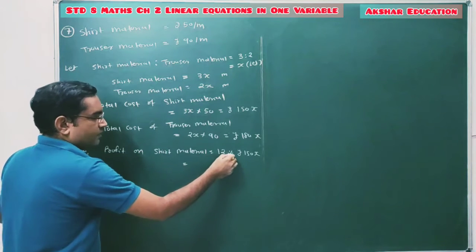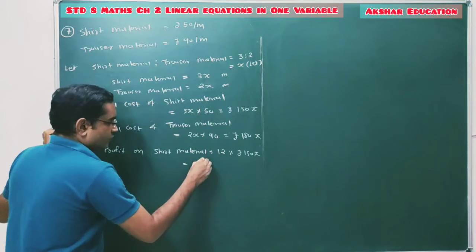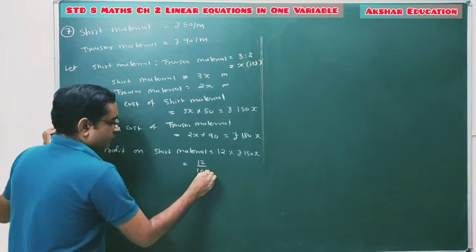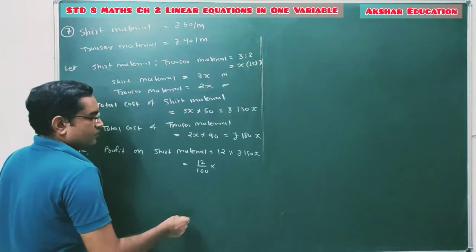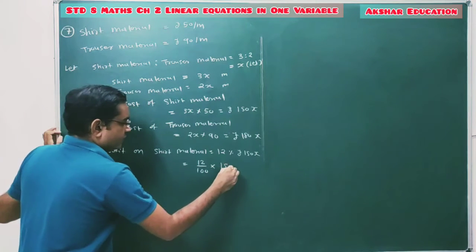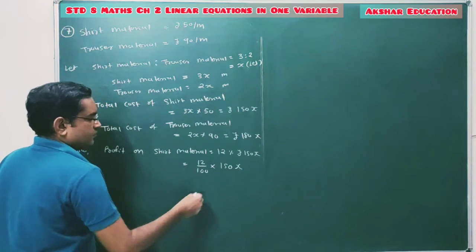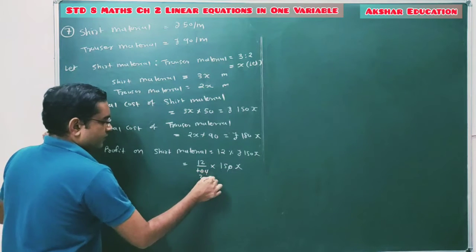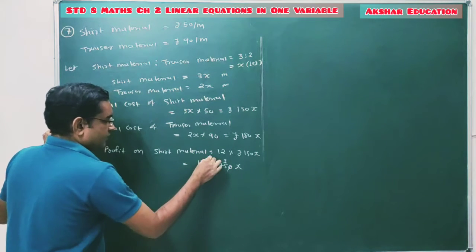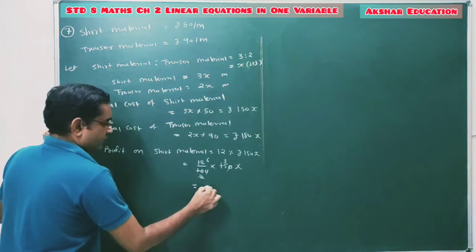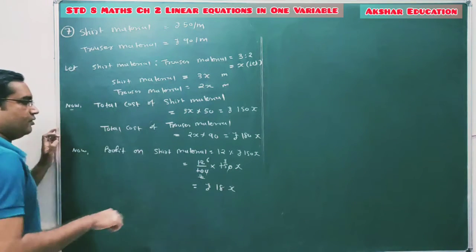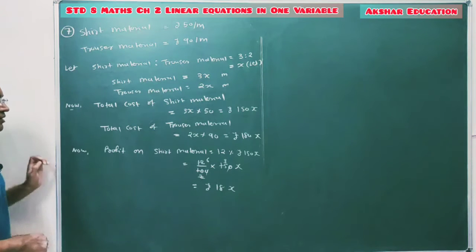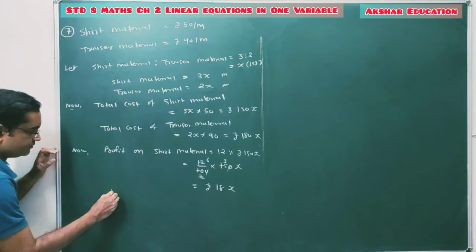To remove this percentage sign, we have to divide it by 100. To remove this, we have to multiply. So it's 150x. Now zero zero cut, 5 twos are 10, 5 threes are 15, 2 sixes are 12. So it's 18x rupees. So profit gain on shirt material is 18x.